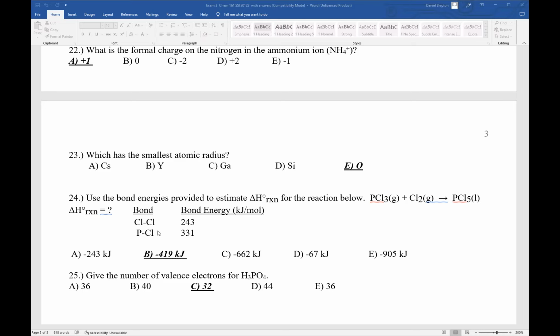You're better off understanding it. I don't think you'll see this in OChem, maybe, but you'll see it in one chapter in Chem 162 a little bit. Think about magnets. When you leave a magnet on your refrigerator, it stays there indefinitely. That's like a bond, and to break it, you have to pull the magnet off.